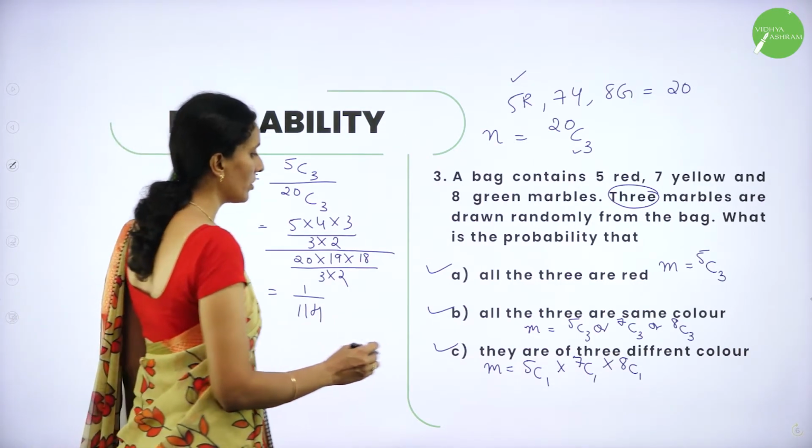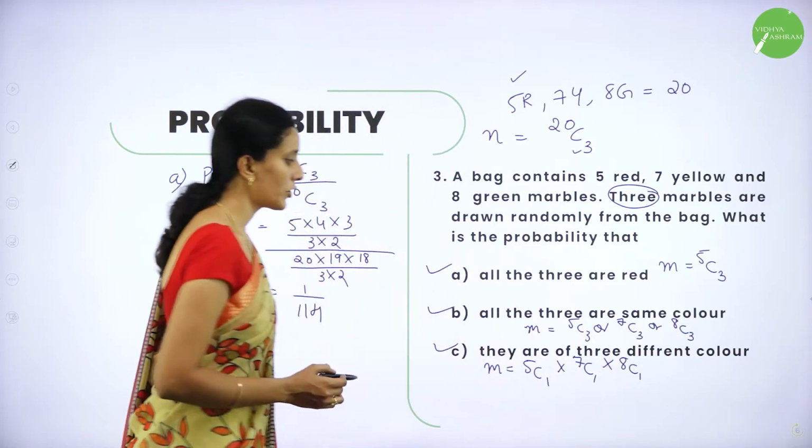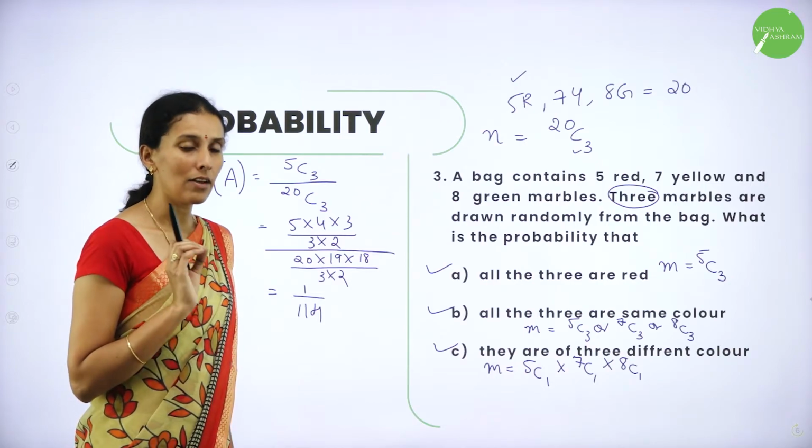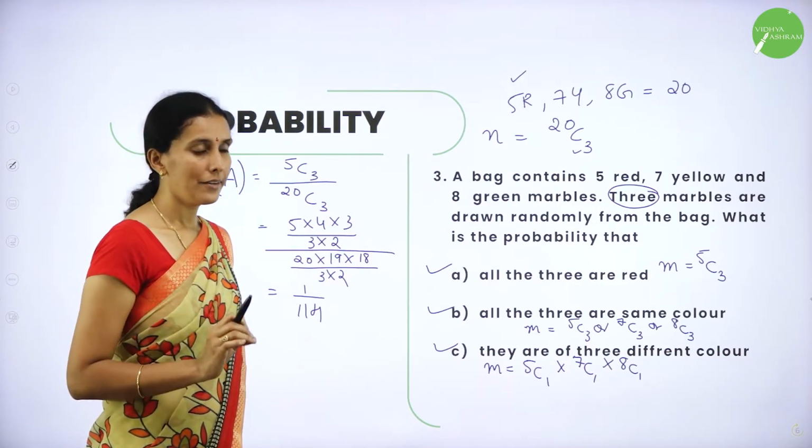For the next question, the OR condition is used. Since 3 of them must be of the same color, either all 3 are red or green or yellow.